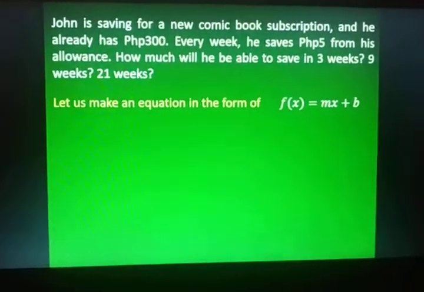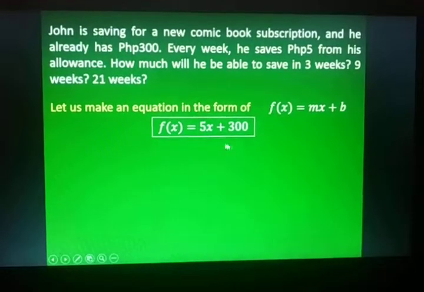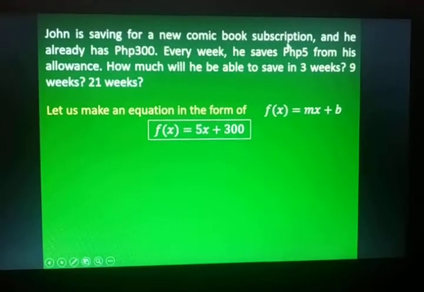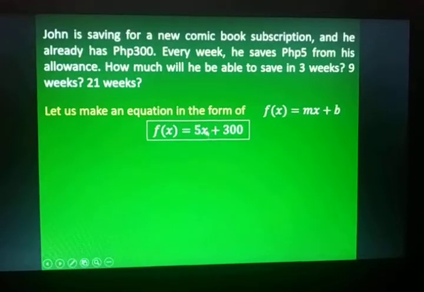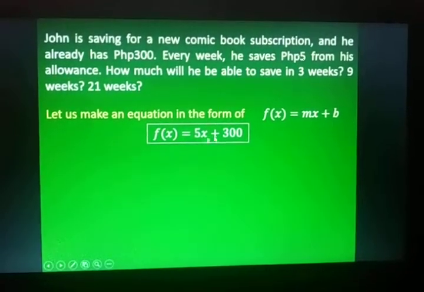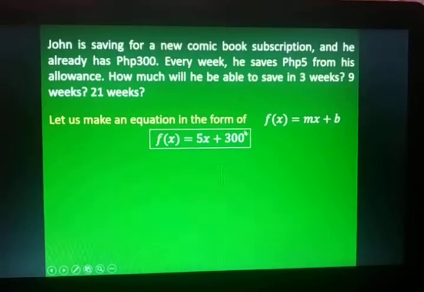So we will have f of x equals 5x plus 300. 5 because this is the savings of John per week. The x stands for the number of weeks. We will change that to 3 later, 9 and 21. And 300 is the savings already, John already has 300.